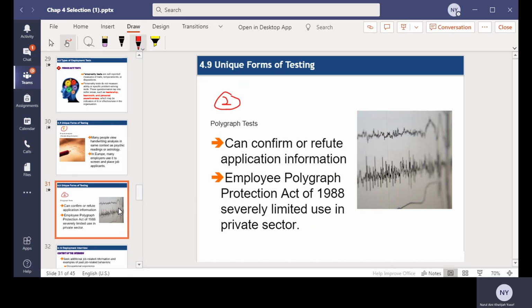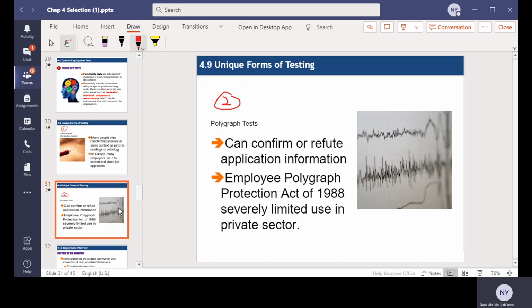Those who love to watch Korean movies, maybe you have seen this. Sometimes they use this to conduct investigations. Let's say an employee has done some misconduct in the company, and they want to investigate who did the wrong thing. So they conduct this polygraph test: put the equipment on the pulse and start to ask questions.